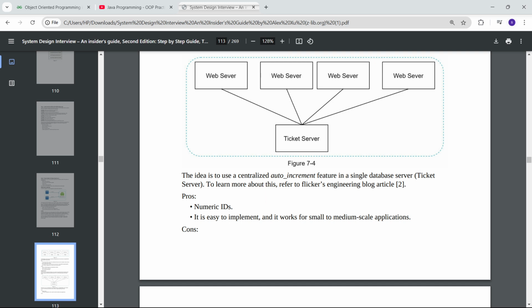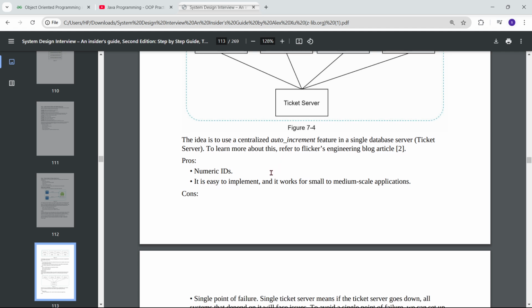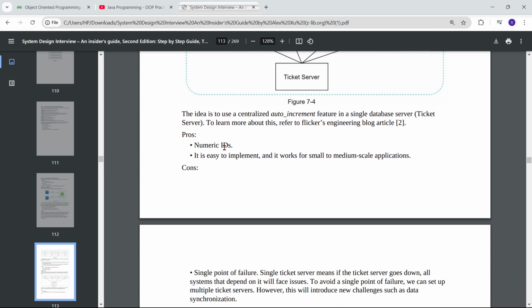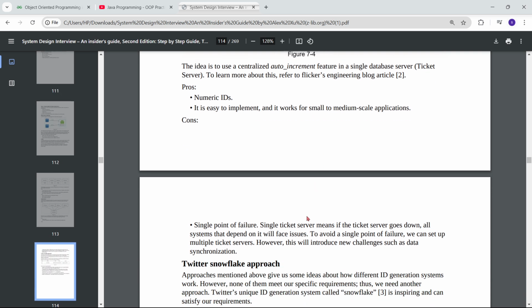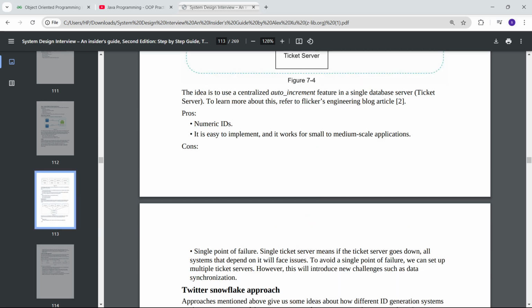To learn more about this, refer to Flickr's engineering blog article. Pros: numeric IDs, easy to implement, and works for small to medium scale applications. Con: single point of failure, obviously. A single ticket server means if the ticket server goes down, all the systems that depend on it will face issues. To avoid a single point of failure, we can set up multiple ticket servers. However, this will introduce new challenges such as data synchronization.